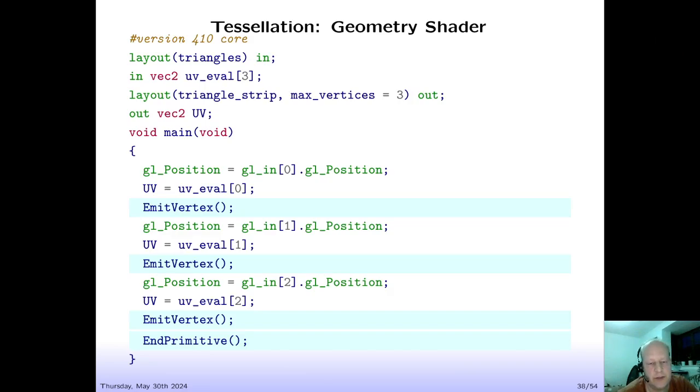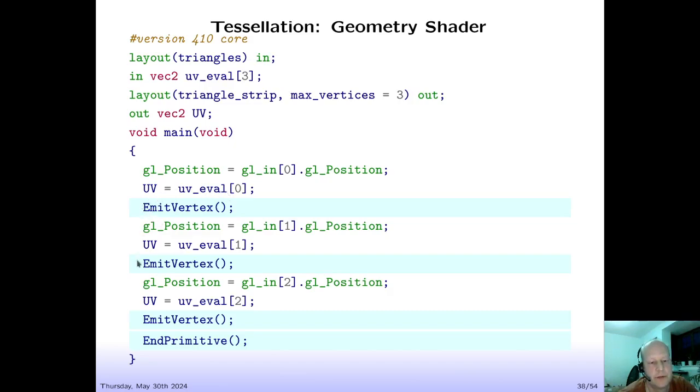And then finally we have the geometry shader. This geometry shader does nothing but just pass through the triangles it gets. So it'll read out the position 0, GL position of input 0, write it to GL position, set UV to the UV eval input in the emitter vertex.